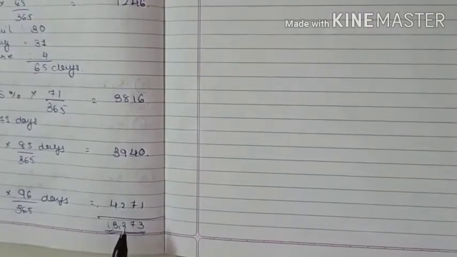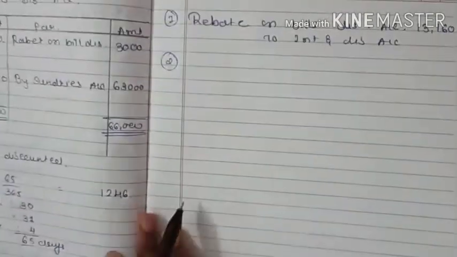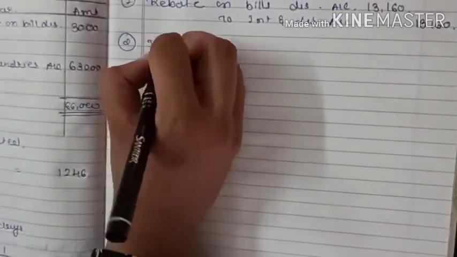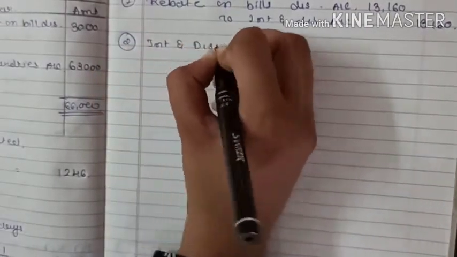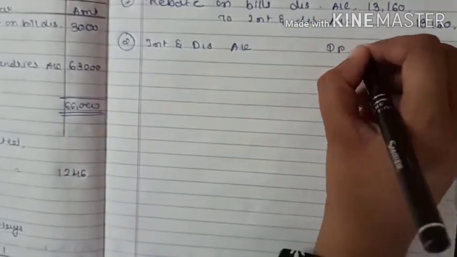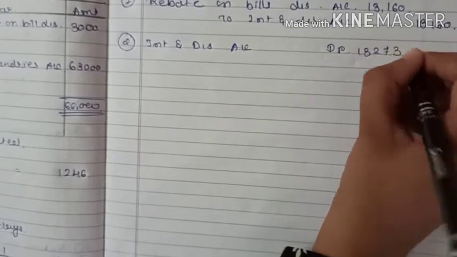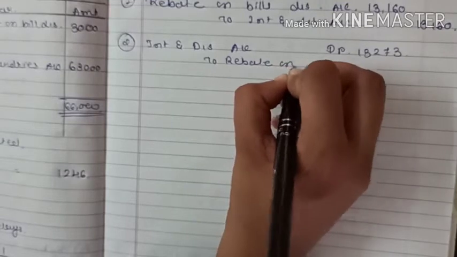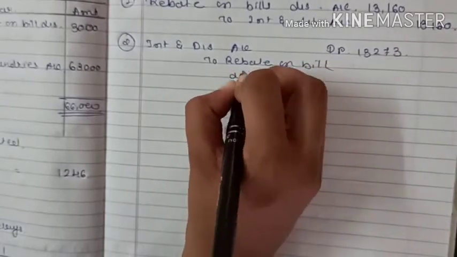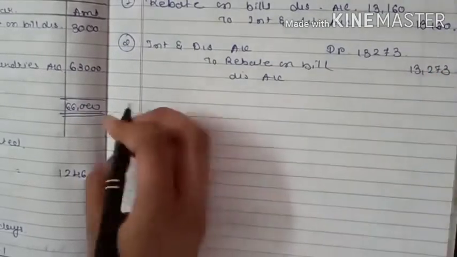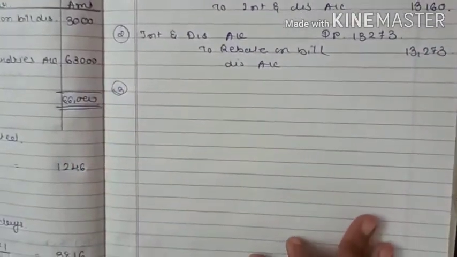Second, this amount is related to the next year, so we'll reverse the entry. Interest and discount account, you can also write discount account, debit 13,273 to rebate on bills discounted account 13,273. Now the last entry, the settlement.